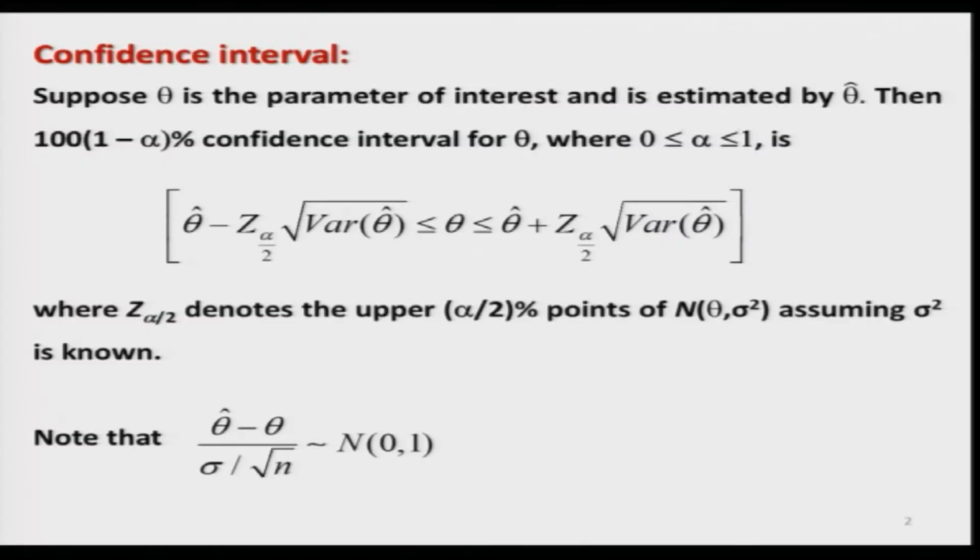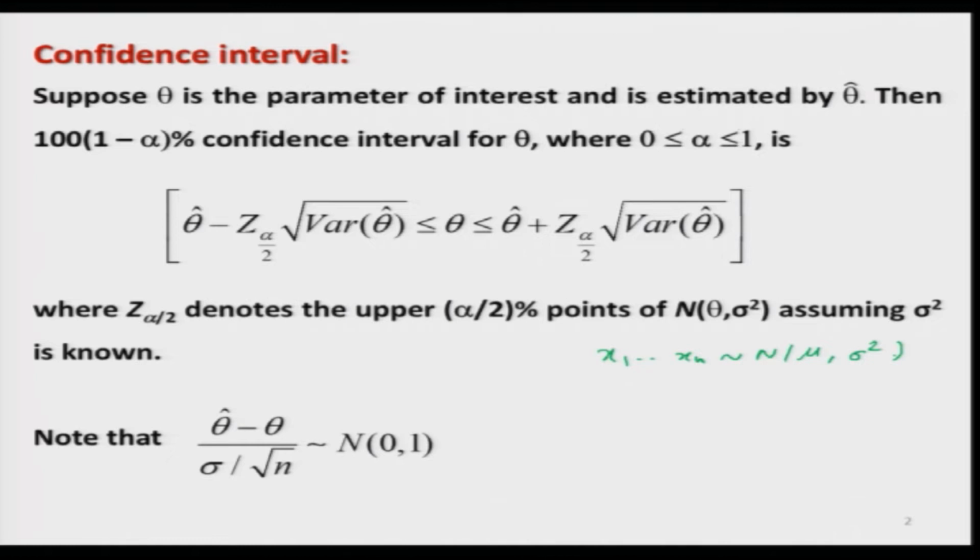First I try to give you a brief overview of how we compute the confidence interval in the usual case. Suppose I have a sample x1, x2, ..., xn from some normal population with mean mu and variance sigma square.